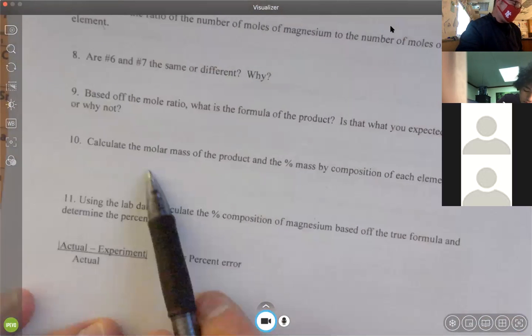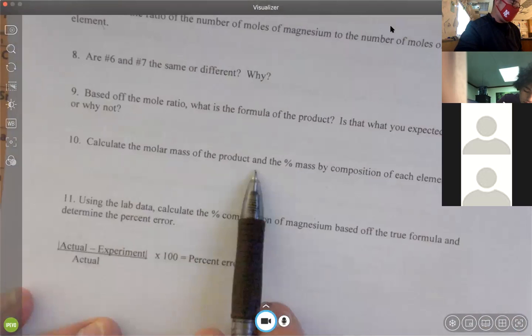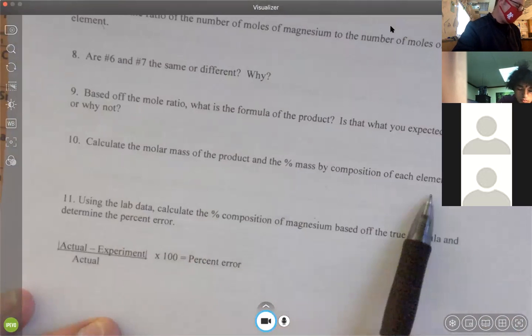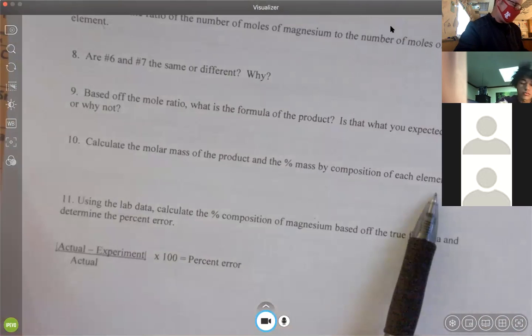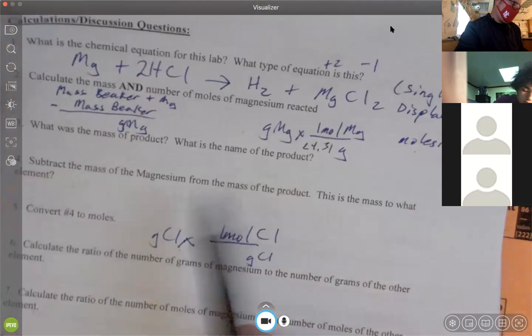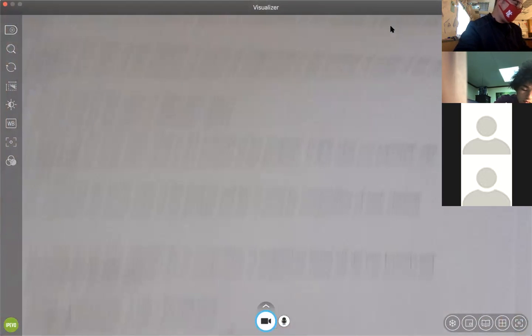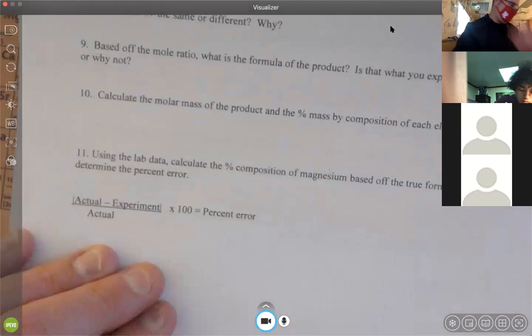Then it says calculate the molar mass of the product and the percent mass by composition of each element. And you have that mass. You have the mass of the total. And you have the mass of the magnesium and the mass of the chlorine. So you should be able to find the percent mass of your substance.